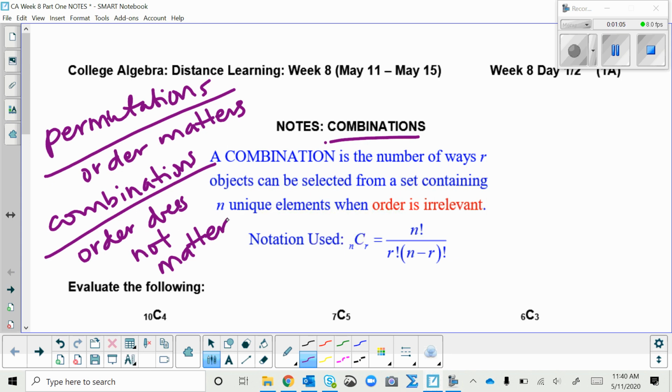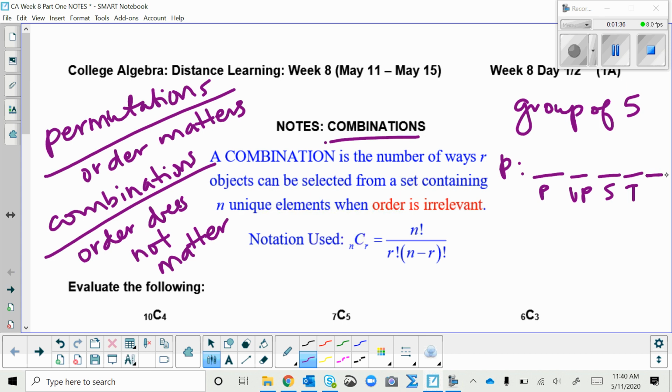Let's say you have a group of 5 people. The permutation would be where I say, look, you need to assign those people to different positions, like a president, a vice president, a secretary, a treasurer, and then one more.